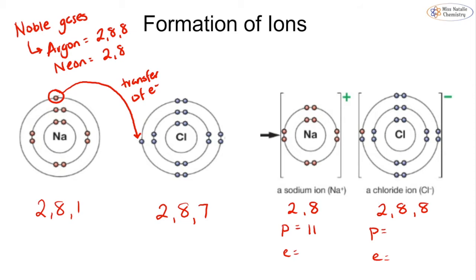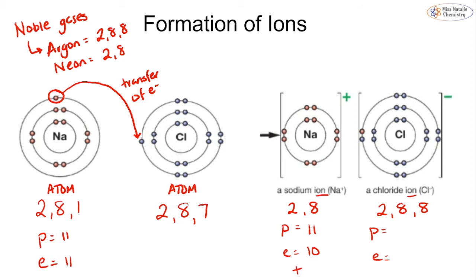So our protons don't change for sodium, they stay as 11, the same as they are for an atom, but in the atom we have got 11 electrons. So these ones are our atoms, and these are ions. So we have 11 electrons in the atom, but when we look at the ion, you can see that we only have 10 electrons.